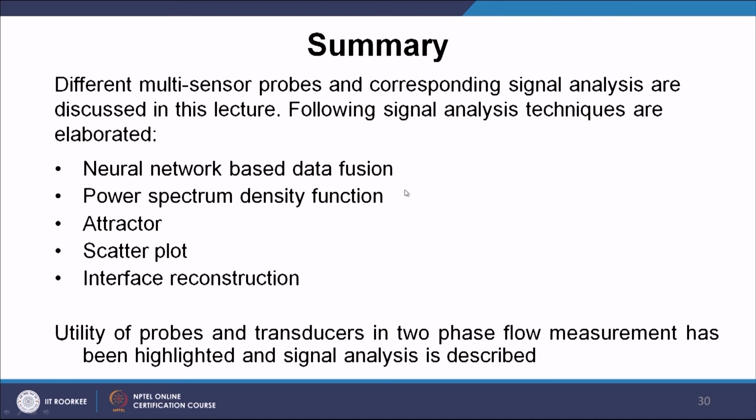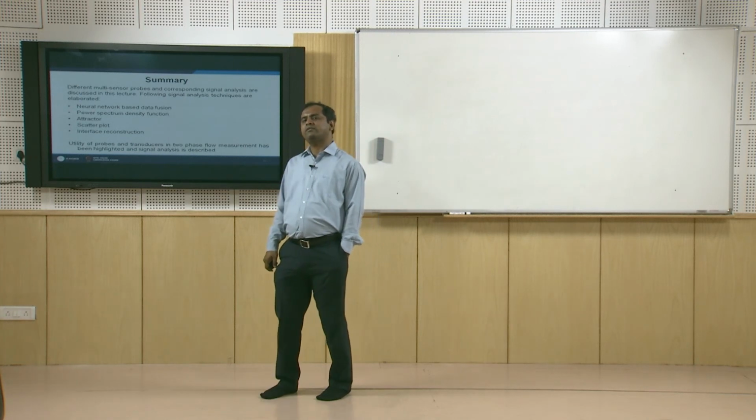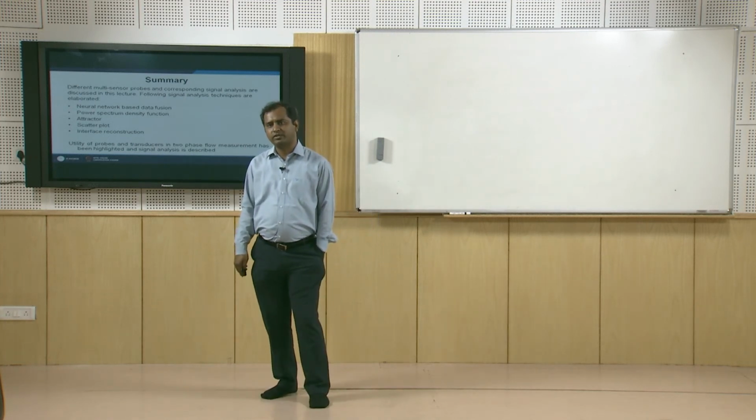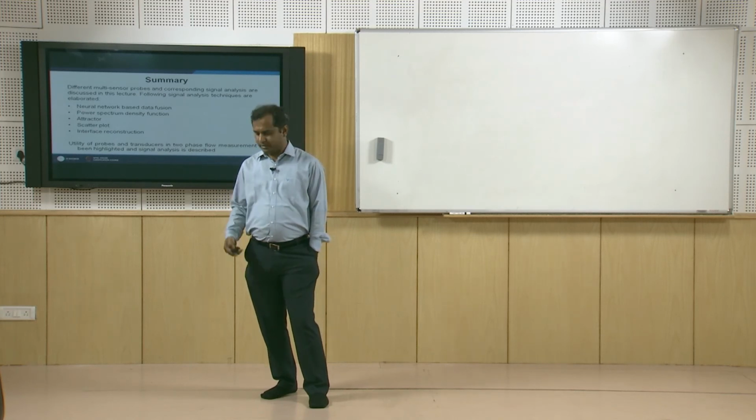In the third part we talked about attractor and scatter plot, and in the last portion about interface reconstruction. Overall, in this lecture we have understood the essence of two-phase flow measurements and how, using signal analysis, quantitative and qualitative data can be obtained.